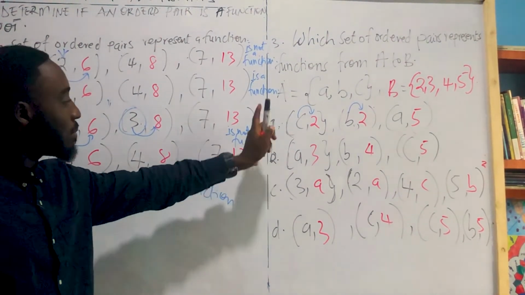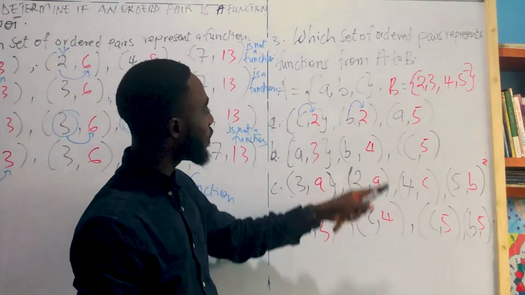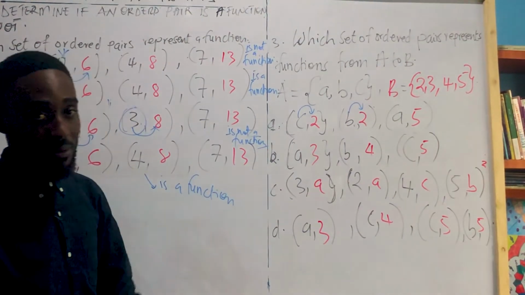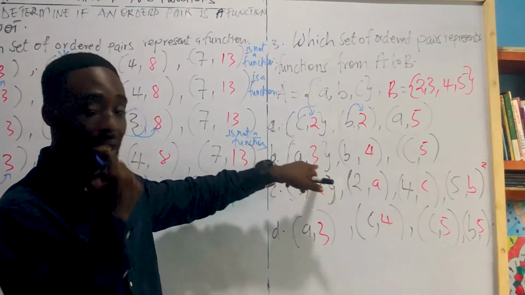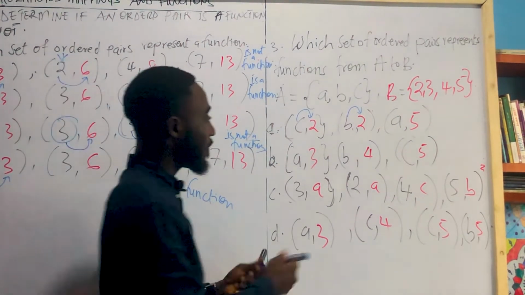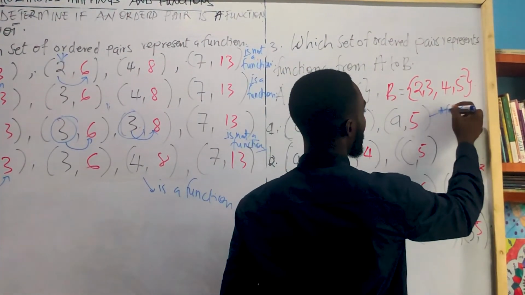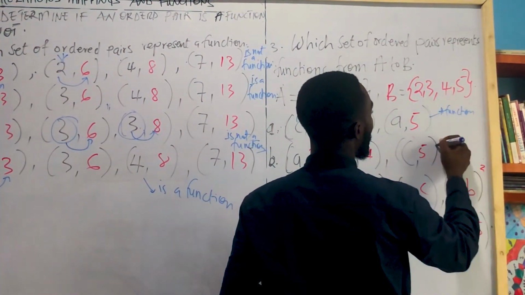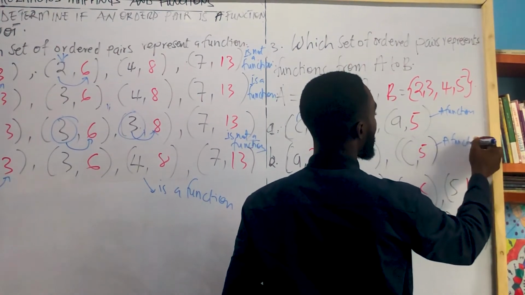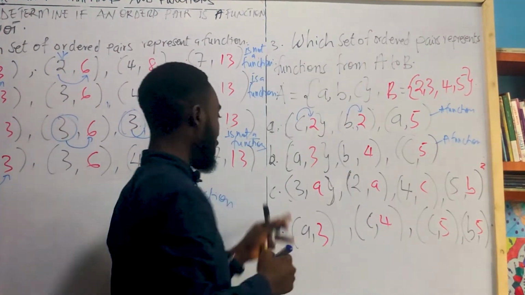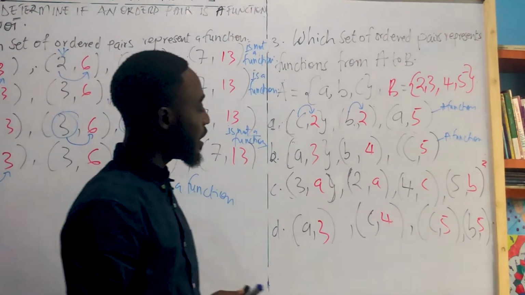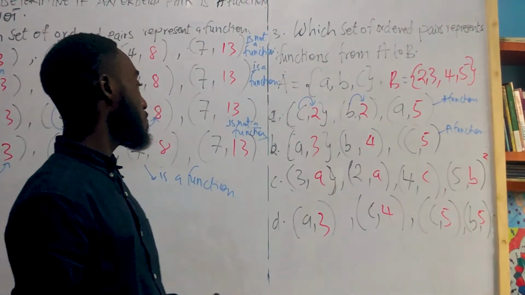Alright, a maps to 3, b maps to 4, and c maps to 5. This second one is also a function. The third one: 3 maps to a, 2 maps to a, 4 maps to c, 5 maps to b.